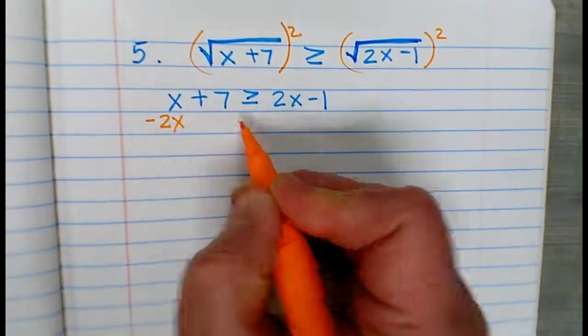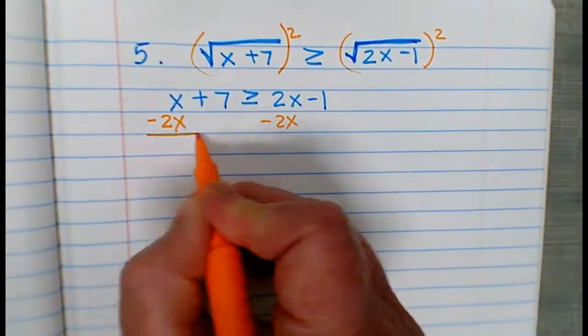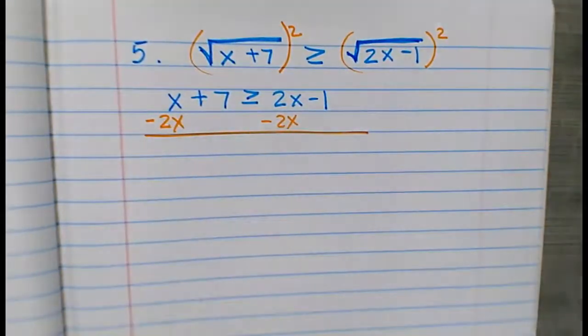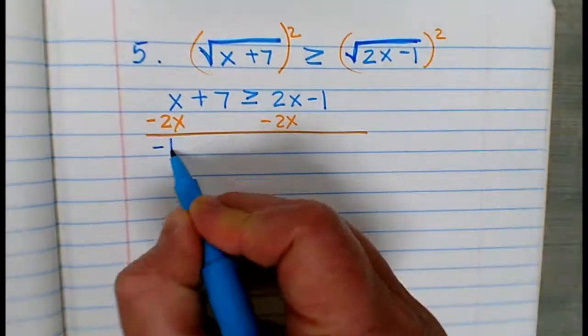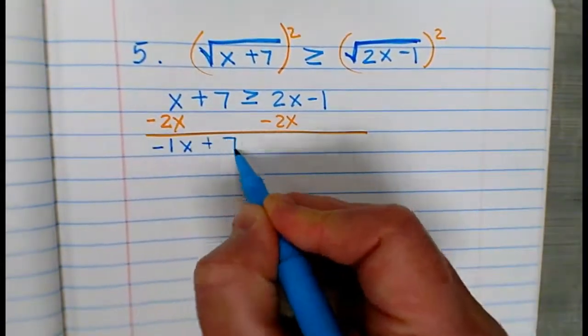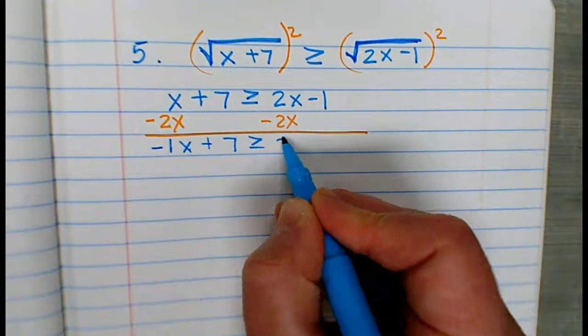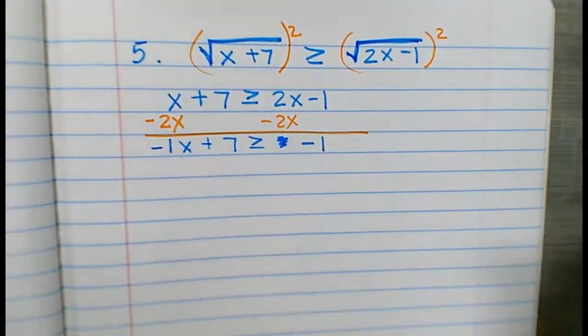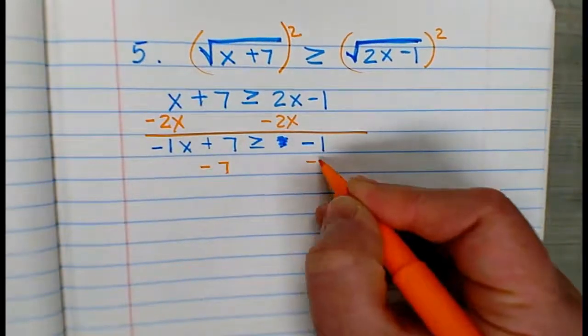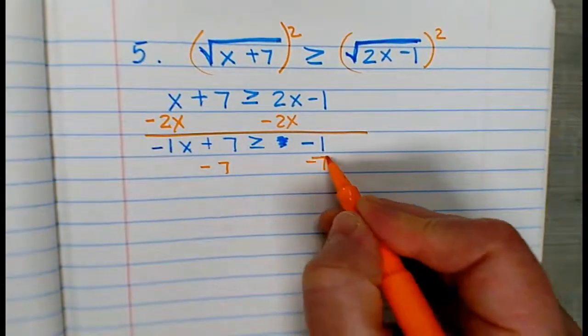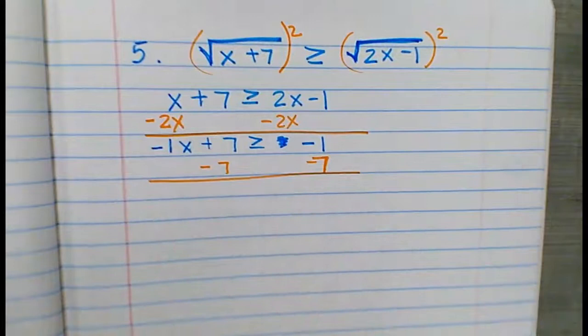So I am going to subtract the 2x in order to get my x's together and on the left. So this is going to be negative 1x plus 7. I subtracted that, and that's going to be a minus 1. Then I'm going to subtract 7 from both sides to get my whole numbers together.